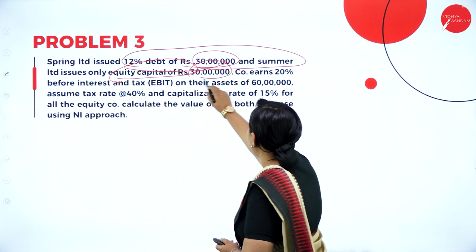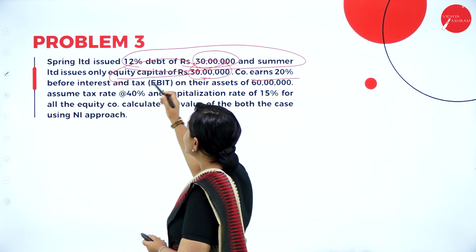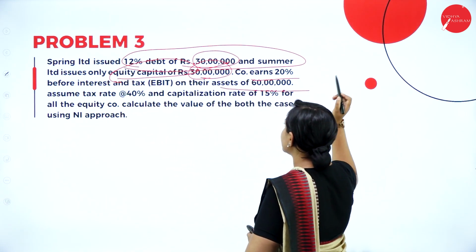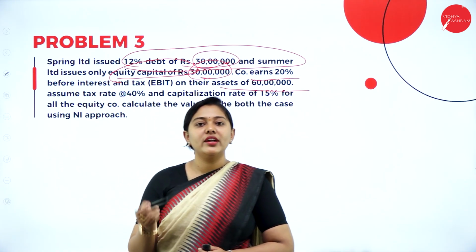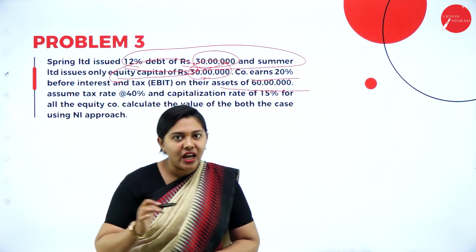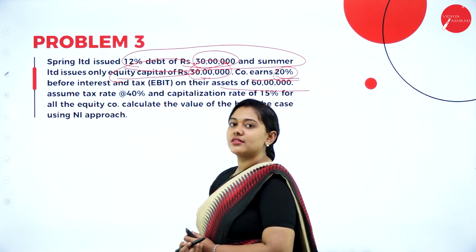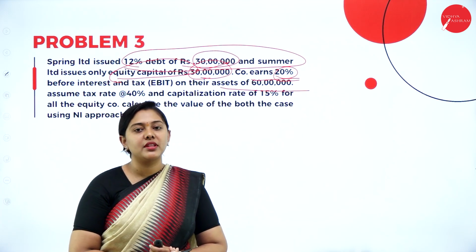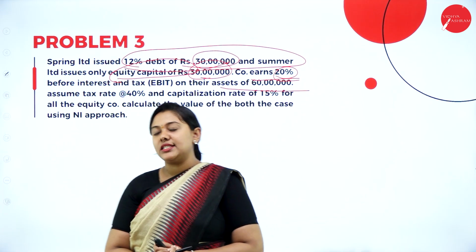That is 30 lakh. Company earns 20% before interest and tax on their total assets of 60 lakh. So 60 lakh is what? 60 lakh is your total value. On that, you will need to calculate the percentage of 20%. So 60 lakh into 20% will be the net operating income, that is your EBIT.